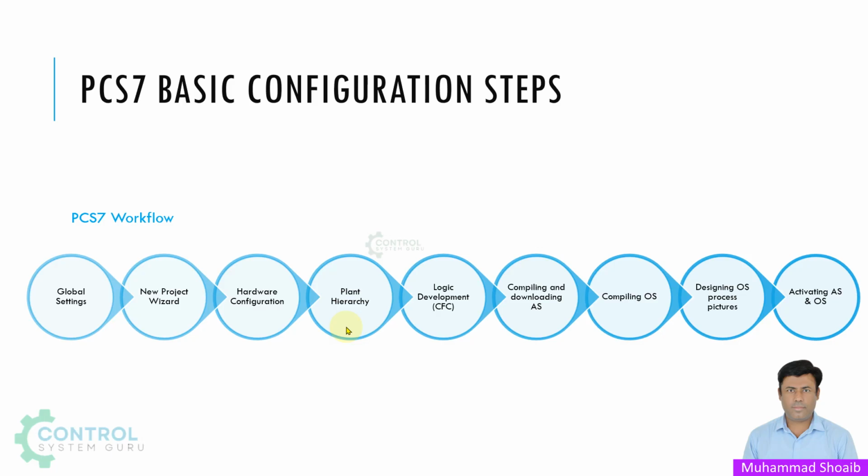Then we'll configure the plant hierarchy, and after that we'll develop logic through CFC, and then we'll compile our AS project configurations and download our logic inside the controller. Then we'll compile our OS configurations, and after that we will rearrange and redesign the graphics, and then we will run the project. So let's understand all these steps in detail.